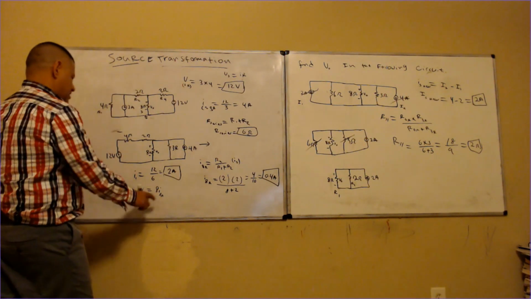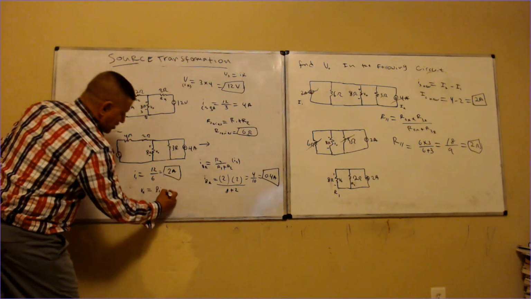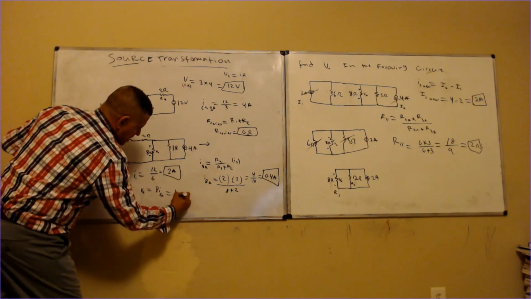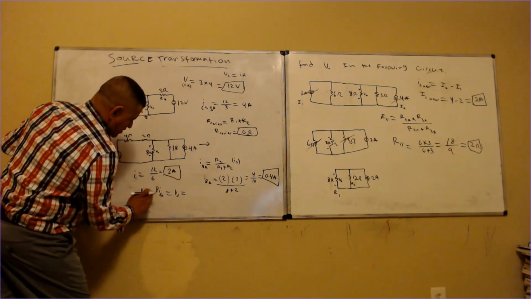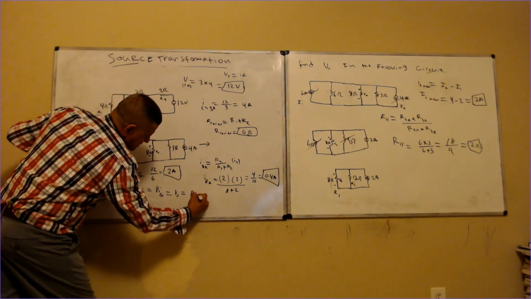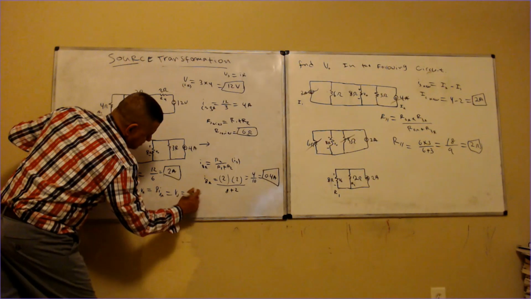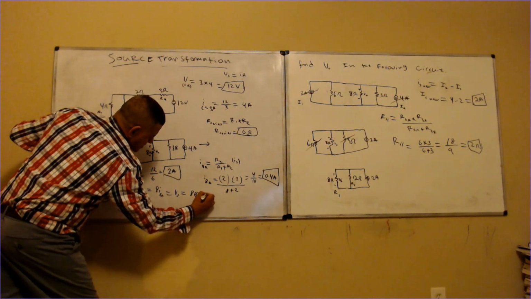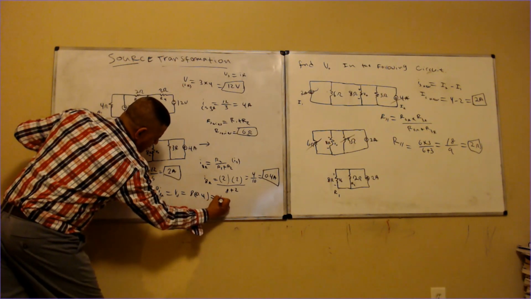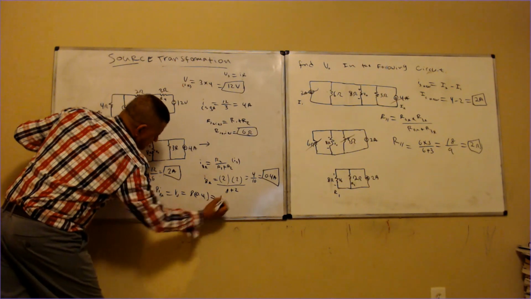In this case, V naught is equal to 8 times 0.4, which is equal to 1.6.